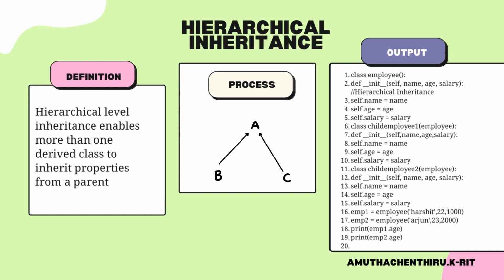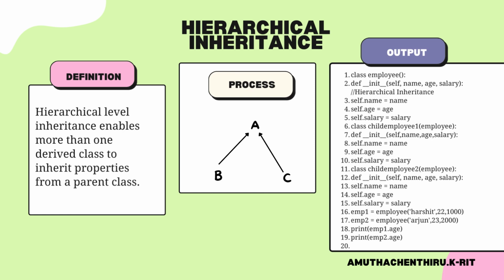Next one, hierarchical inheritance. It enables more than one derived class to inherit properties from a parent class. That is, more than one child class but a single parent class. So A is a parent class, and B and C are the child classes. In this example, you can clearly see there are two child classes, child employee 1 and child employee 2.